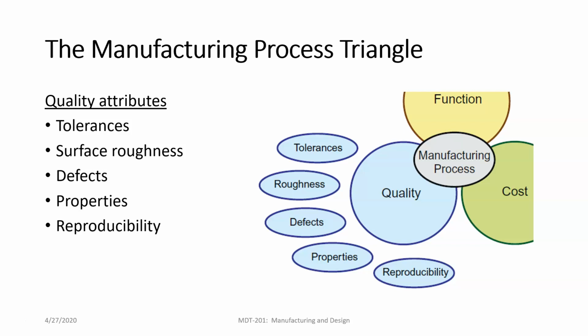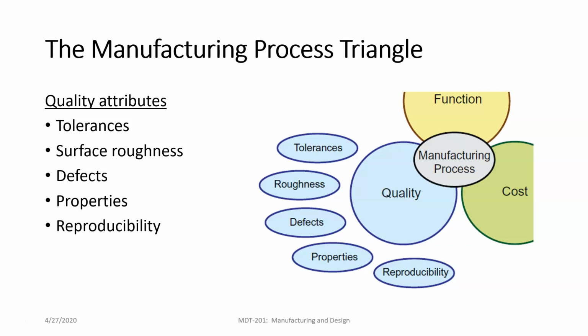What does the surface feel and look like? Is it rough? Is it smooth? Is it glossy? Is it a high quality material, or does it look spotty and maybe there's a little rust on it? Are there defects in it? What are the properties? And what is its reproducibility?